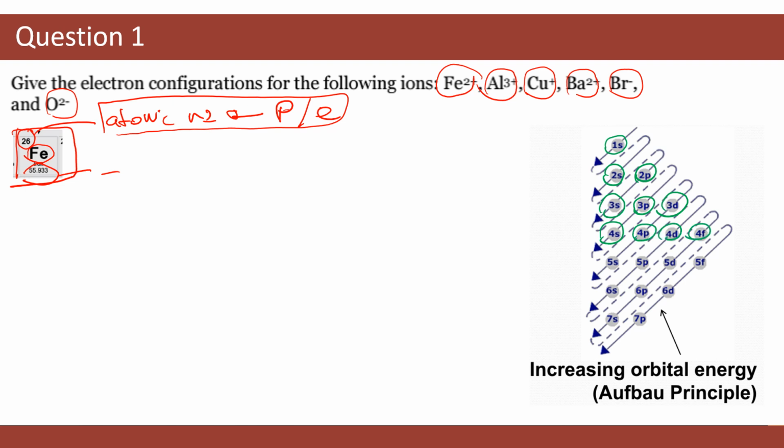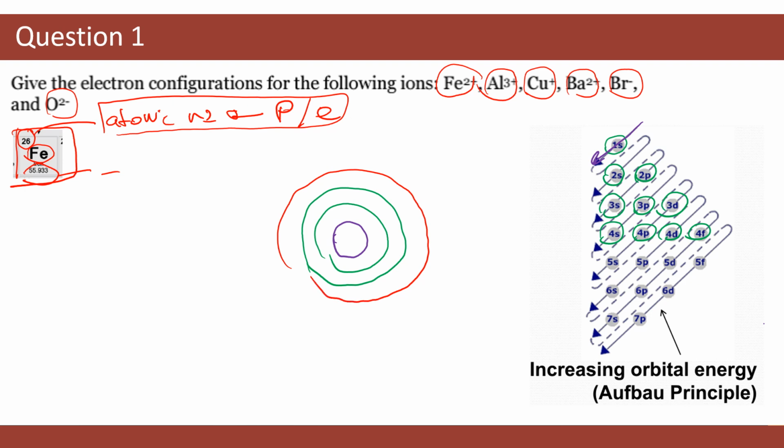But when you look at the energy levels, the first energy level around the nucleus is shell 1, S. In the second one you have S and P, and in the third one you have SPD.